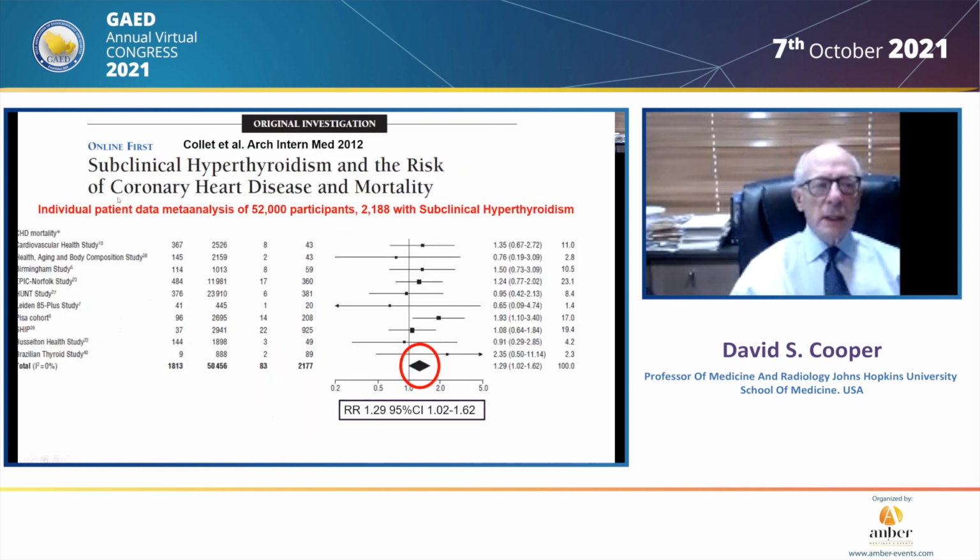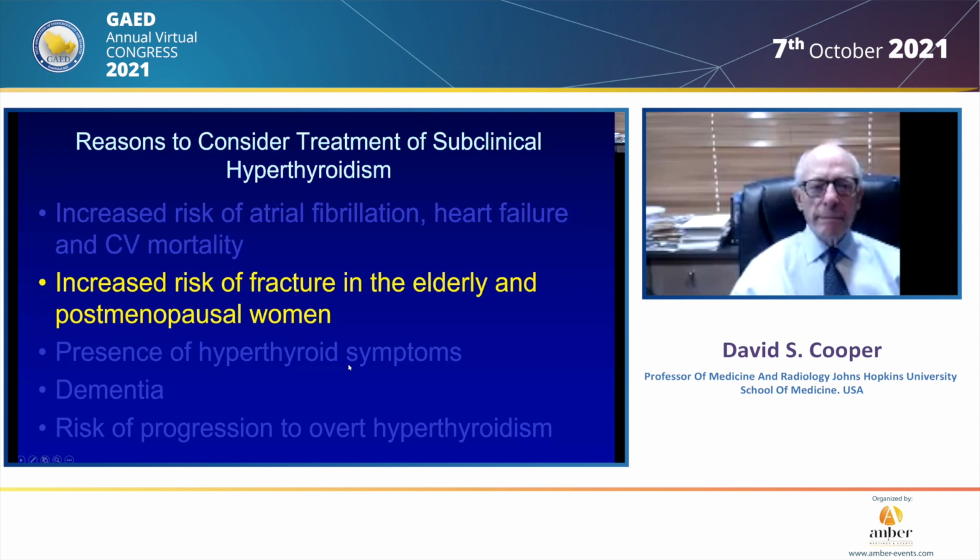And in this study, a combined individual patient meta-analysis of 50,000 participants, 2,000 of whom had subclinical hyperthyroidism, there was an increased risk of coronary heart disease and mortality in patients with subclinical hyperthyroidism.